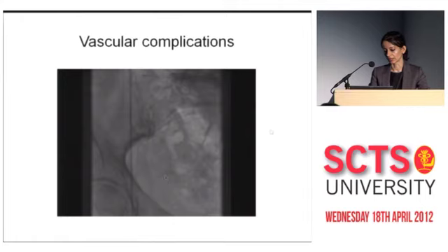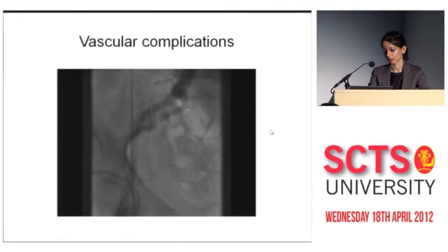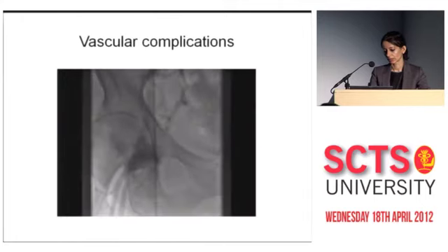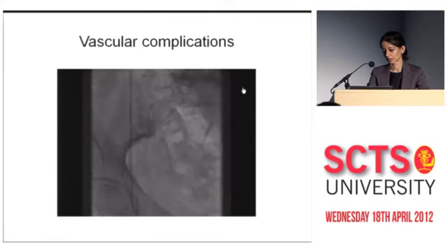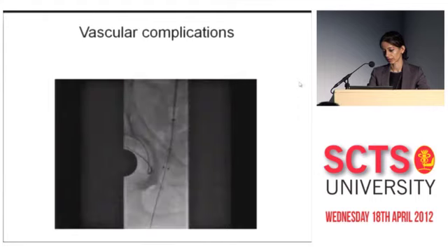Here is a more significant laceration, which required tamponade and then further stenting. And so it's important, obviously, to have that level of preparation before you even take the sheath out.